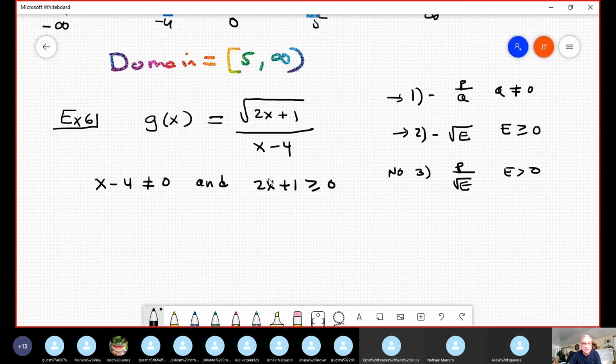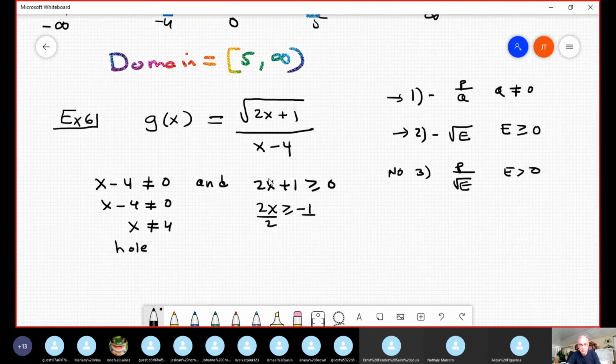I move the 4 to the other side: x is not 4. What happened at 4? At 4, we have a hole. Here, 2x is greater than or equal to negative 1, divided by 2: x is greater than or equal to negative 1/2.